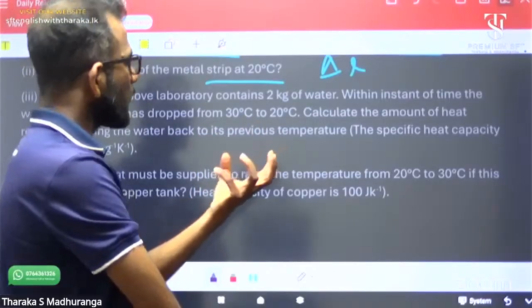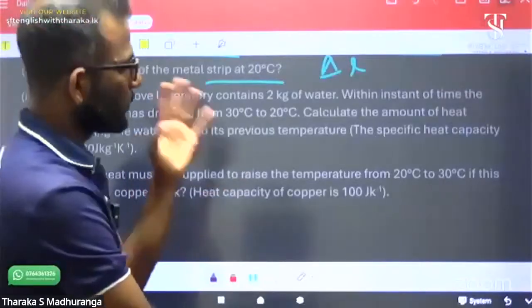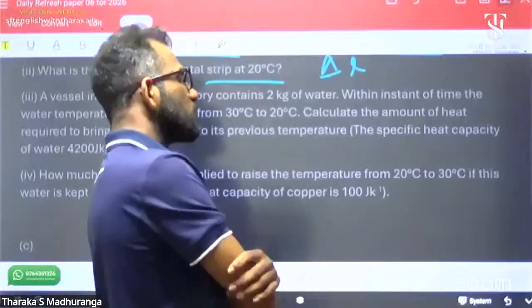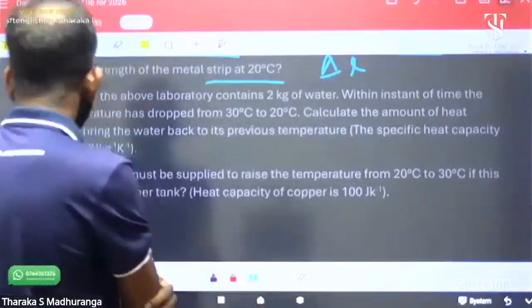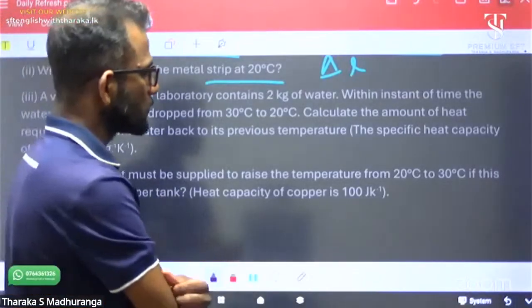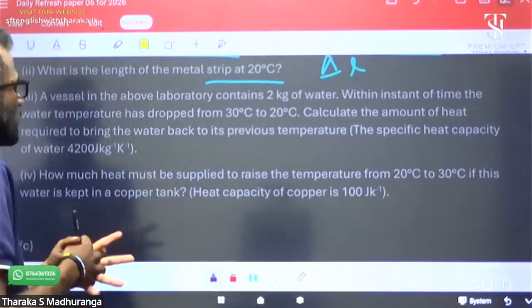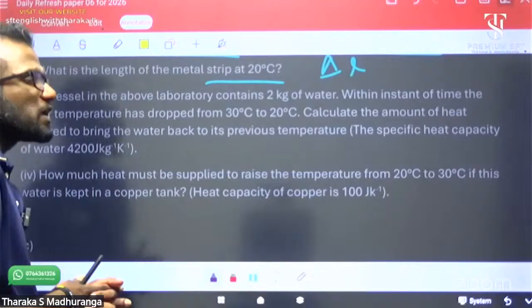Calculate the amount of heat needed to bring the water back to its previous temperature.